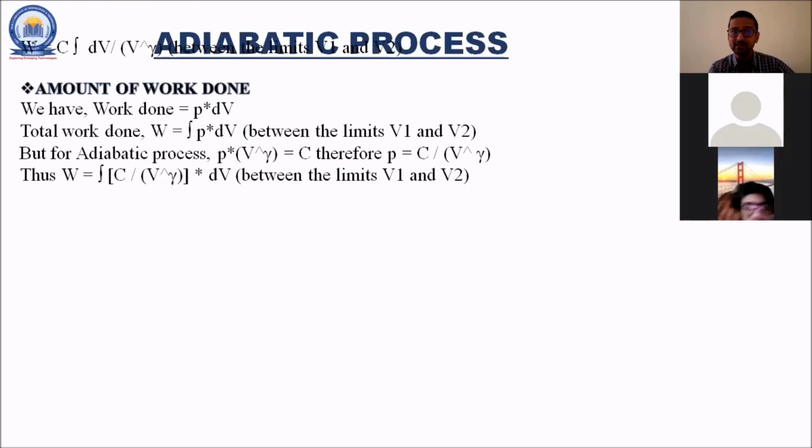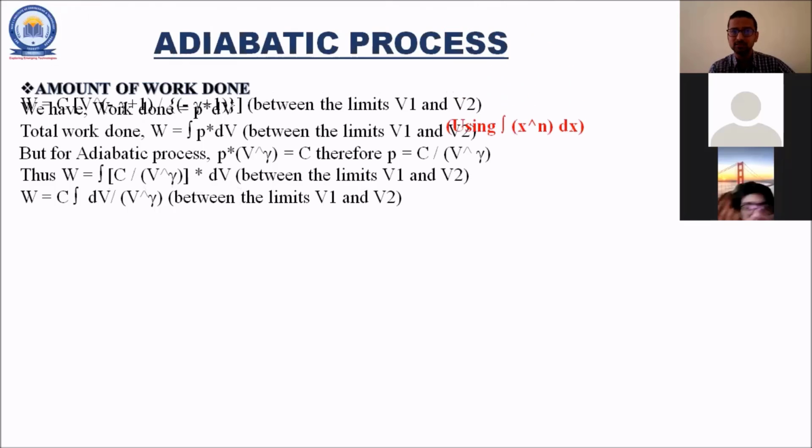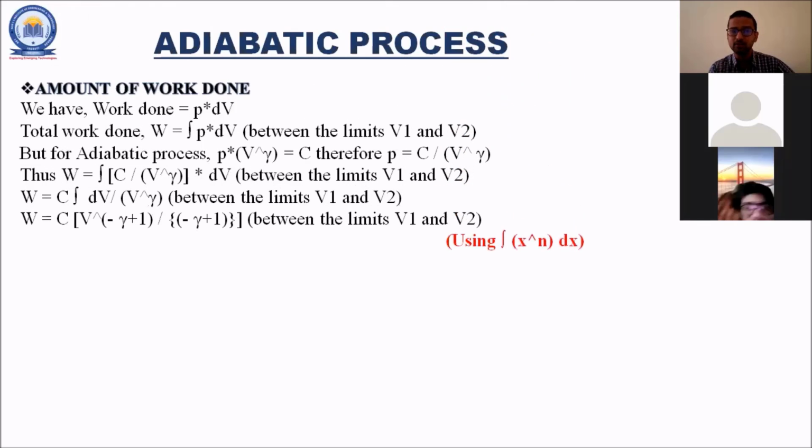So on integrating, I get W is equal to C V raised to minus gamma plus 1 divided by minus gamma plus 1 between the limits V1 and V2. I have got this answer by using the concept of the integration of x raised to n dx.